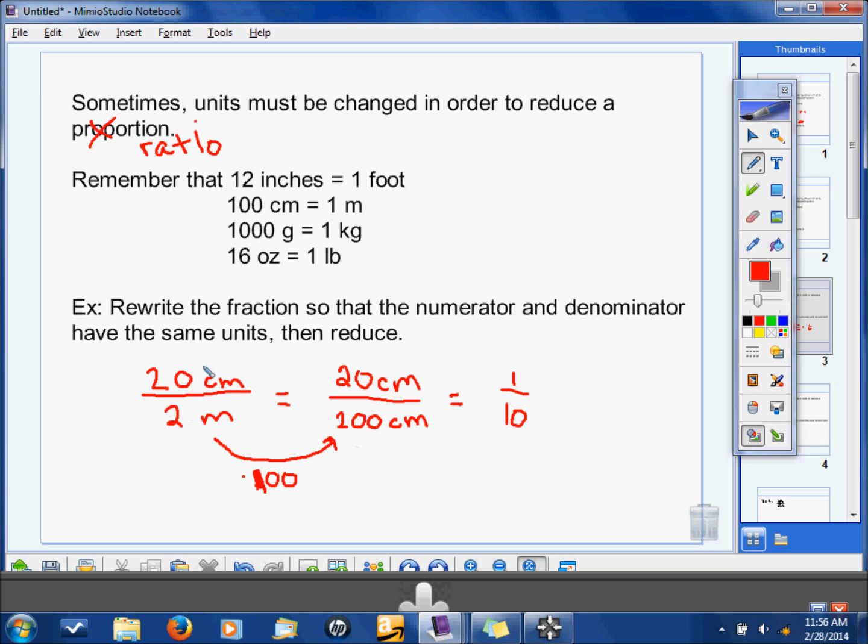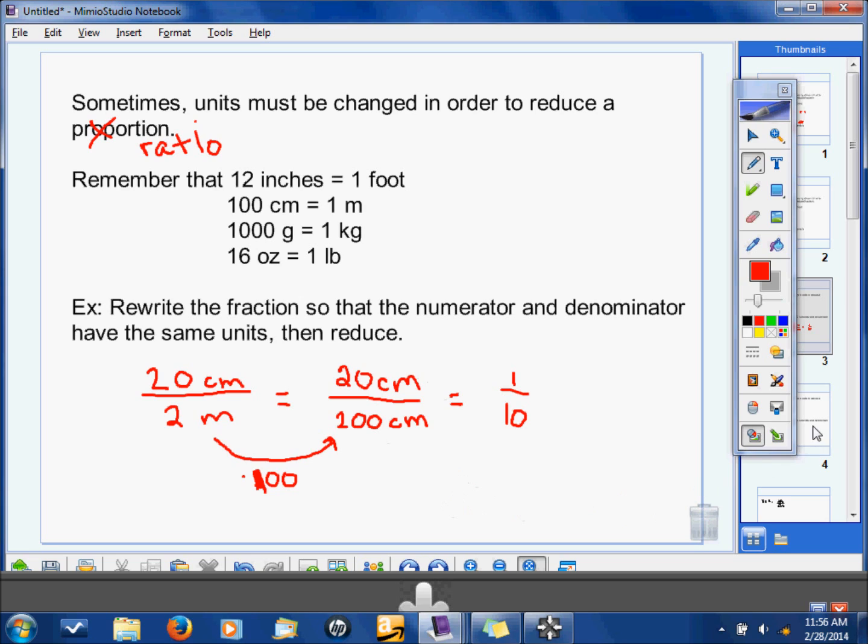Like if this was with grams and kilograms, you have 1,000, you'd get something completely different. And it doesn't just flip the numerator and denominator. It happened to look that way on this one, but that doesn't just happen. You have to actually do the work, convert one of them so it matches the other, and then reduce.